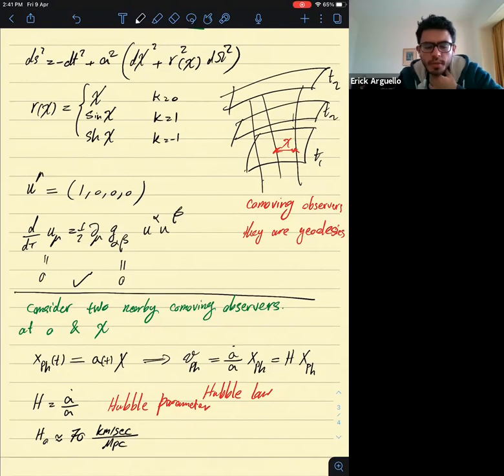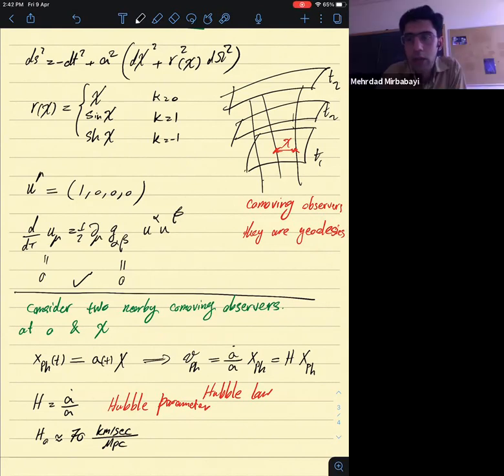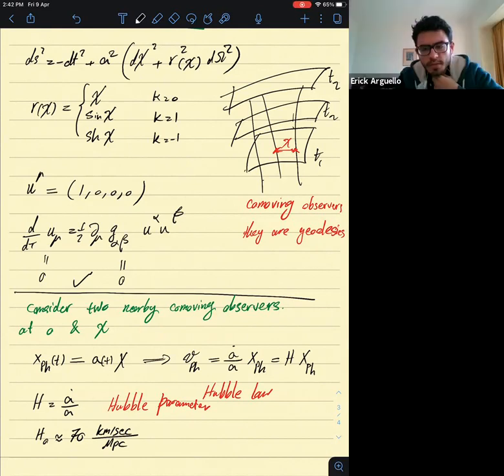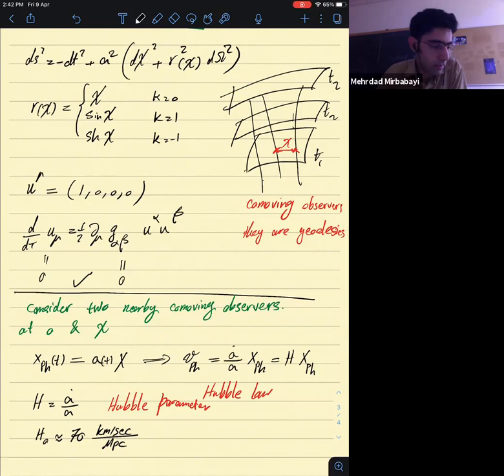Yeah, one question. Since we're considering all this in a large scale, up to what extent we are sure that this metric is okay, and not considering other metrics? You mean in our universe? Yes. It's correct at larger scales. It's correct as far as we can see.